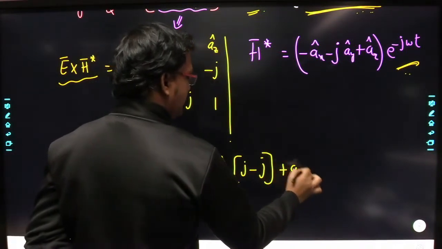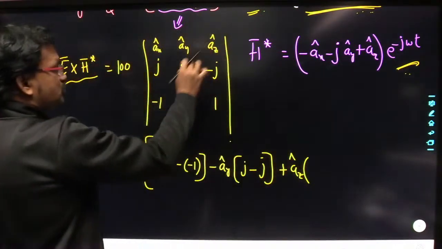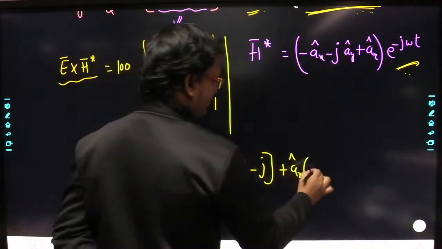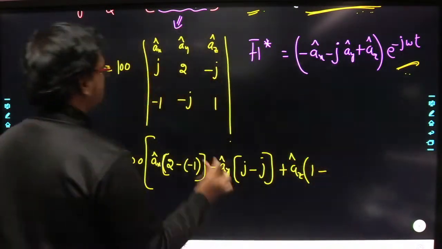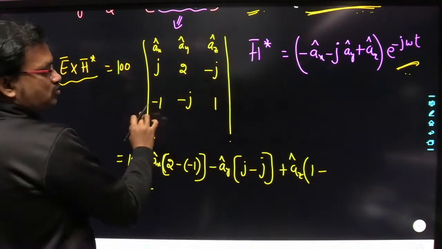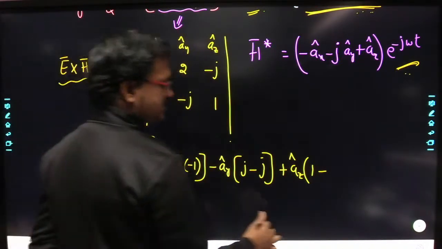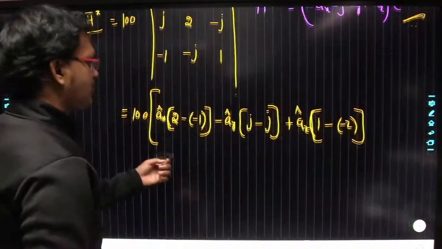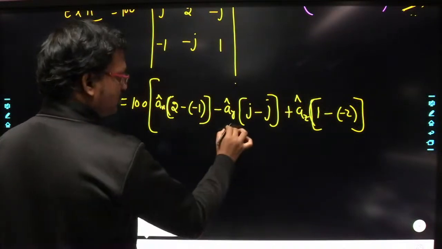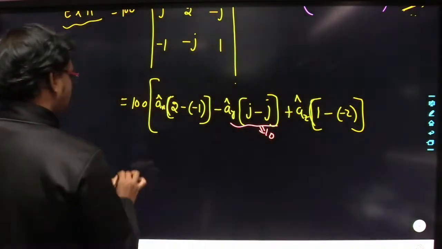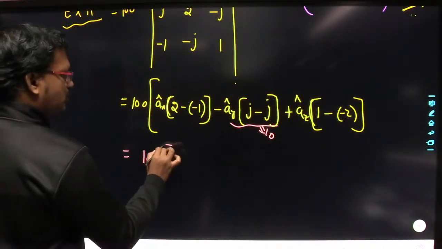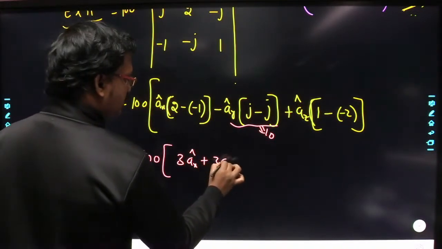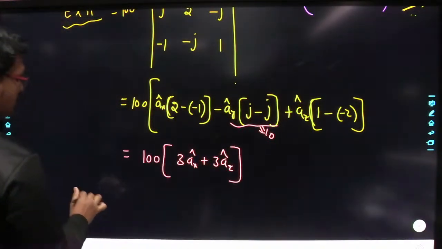Next, plus az cap into j square, which is minus 1, and minus of minus becomes plus, so 1 minus 1 into 2 is minus 2. So therefore you are going to have 100 into 2 plus 1, that is 3 ax cap plus 3 az cap.